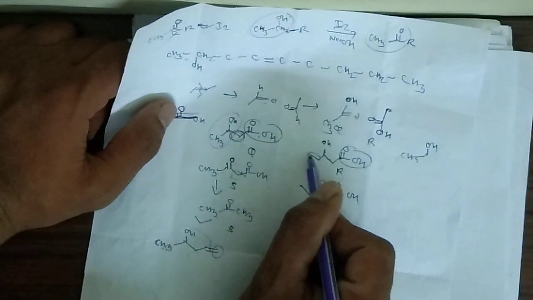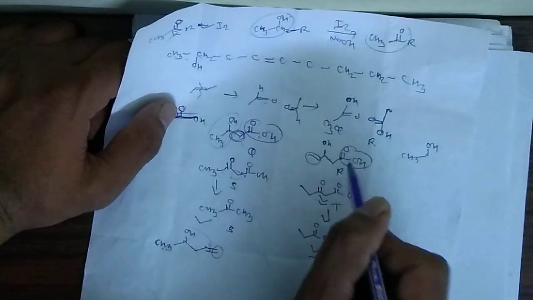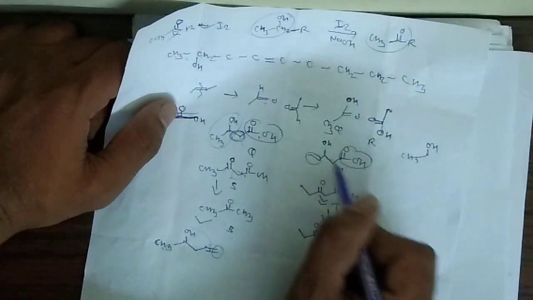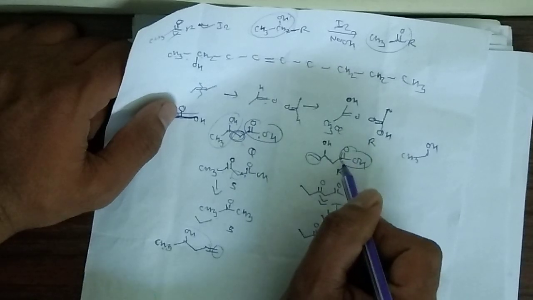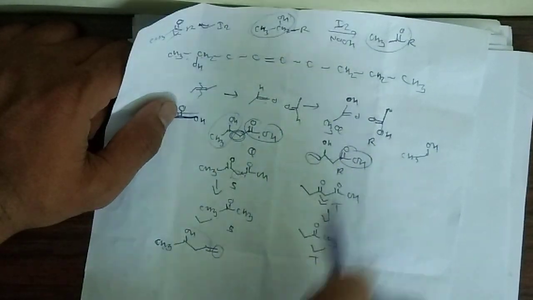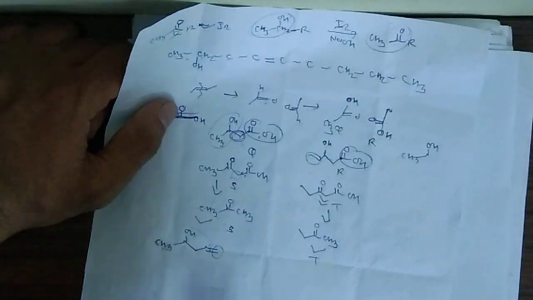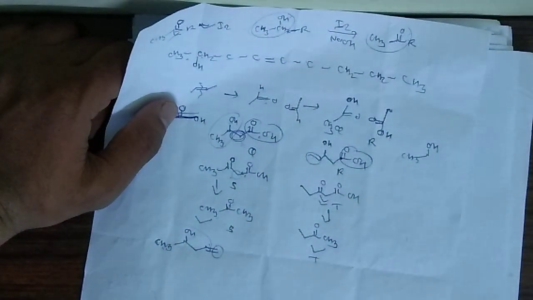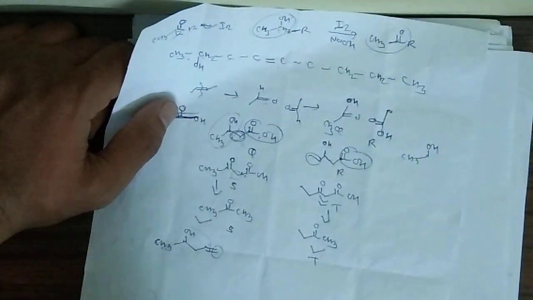Then next our R is this. So we are not confirmed how many carbons are there, but we confirm this much number of carbon atoms in R. How many? 1 2 3 are confirmed, and this starts from here.